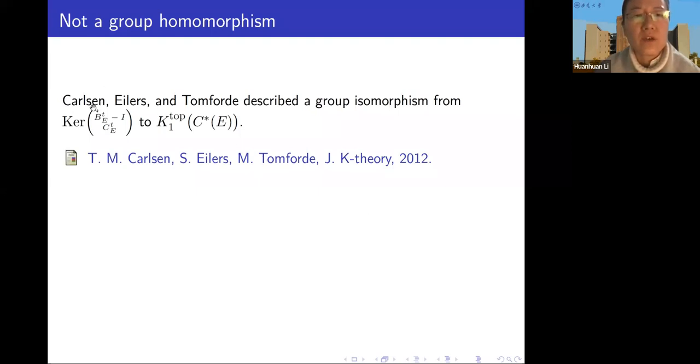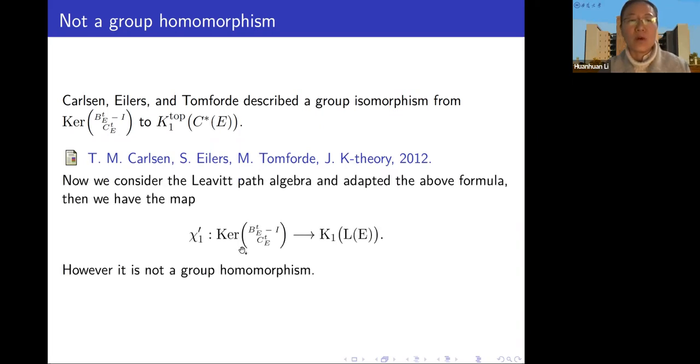I think Carlsen, Eilers, and Tomforde described a group isomorphism from the kernel to the topological K1 for C-star algebras. Actually here, in order to have the filtered K-theory for Leavitt path algebras, we want to connect K1 with the kernel also.